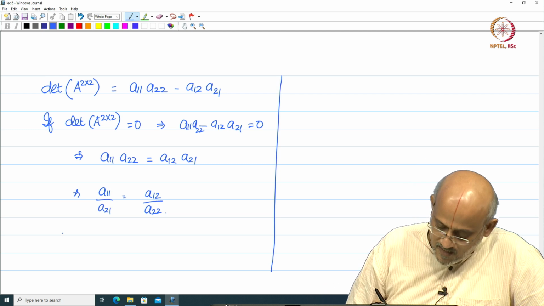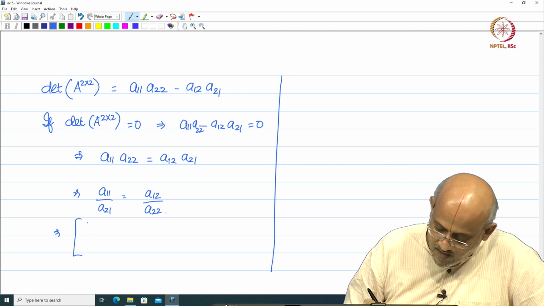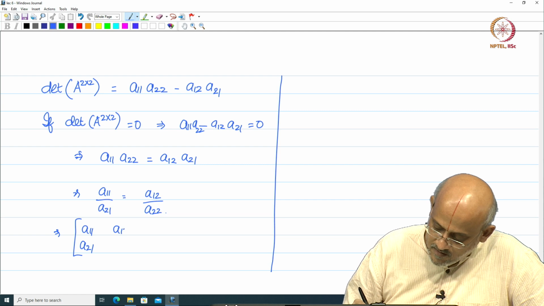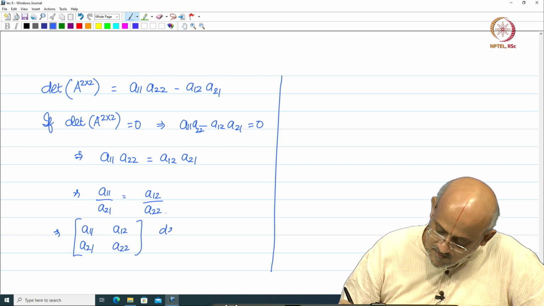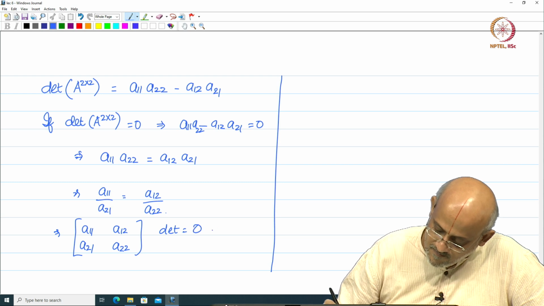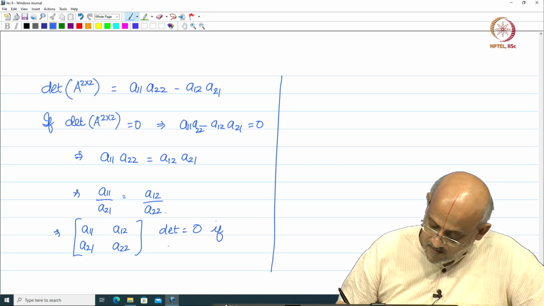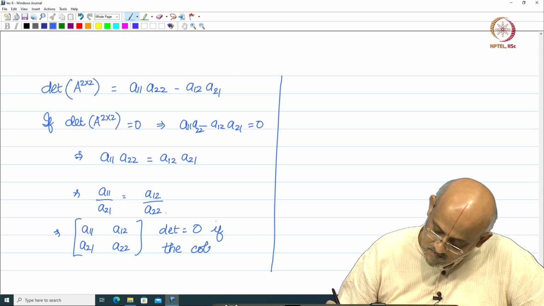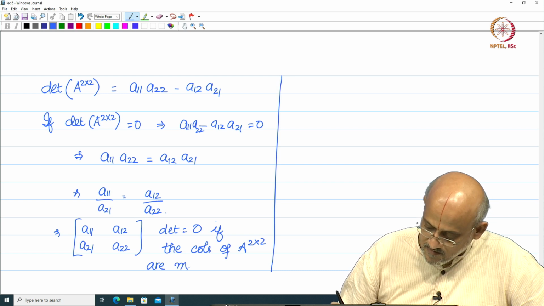Essentially what we are trying to say is, if you have a matrix whose columns are A11 A21 and A12 A22, we say that the determinant is 0 if the columns of A, 2 by 2, are multiples of each other.